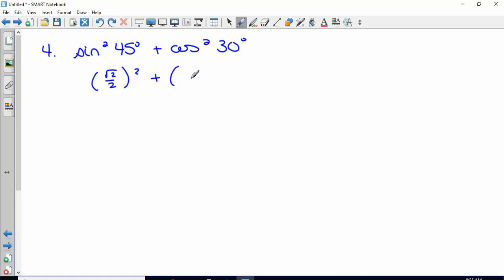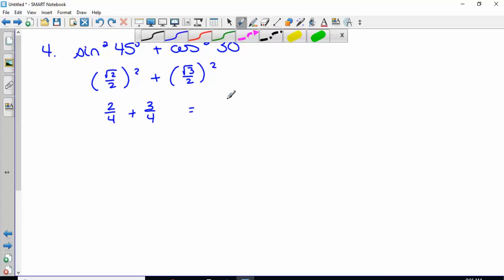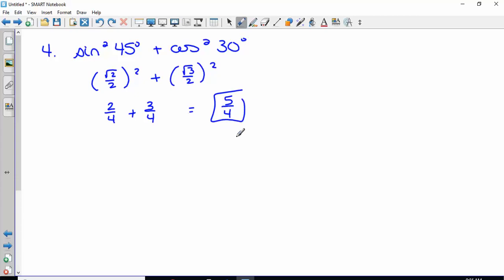Plus cosine of 30 is the bottom, so it would be radical 3 over 2 squared. So if I square this, we get 2 over 4 plus 3 over 4. And that would add up to 5 over 4 for the final answer there.